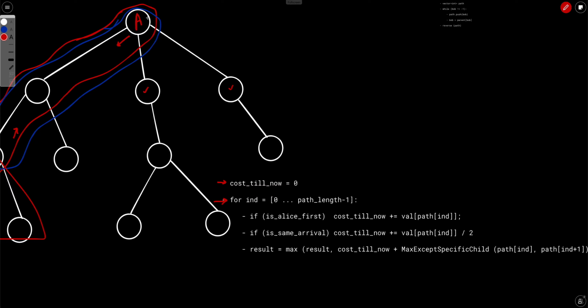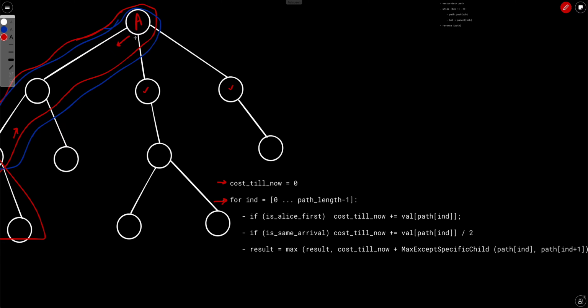Up till n by 2, all the nodes Alice will reach first. From the last n by 2, Bob will reach first. And if there is a middle node, they both will get equally, or basically there will not be any middle node in that case.